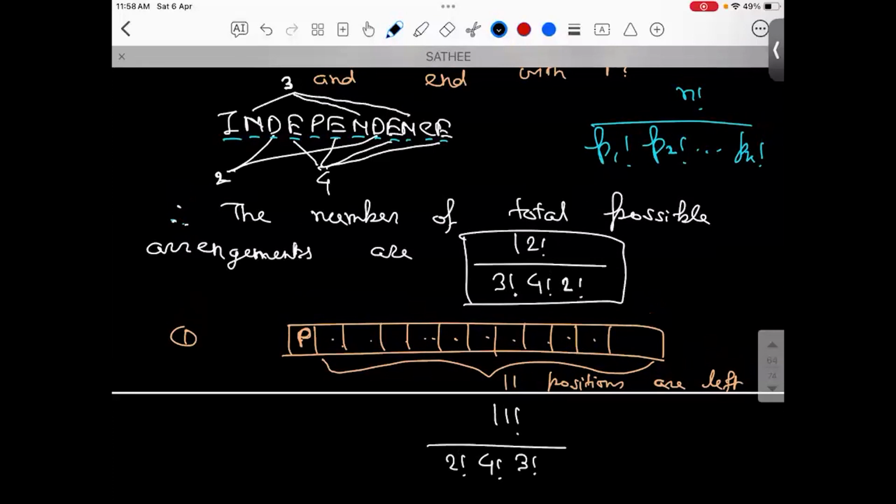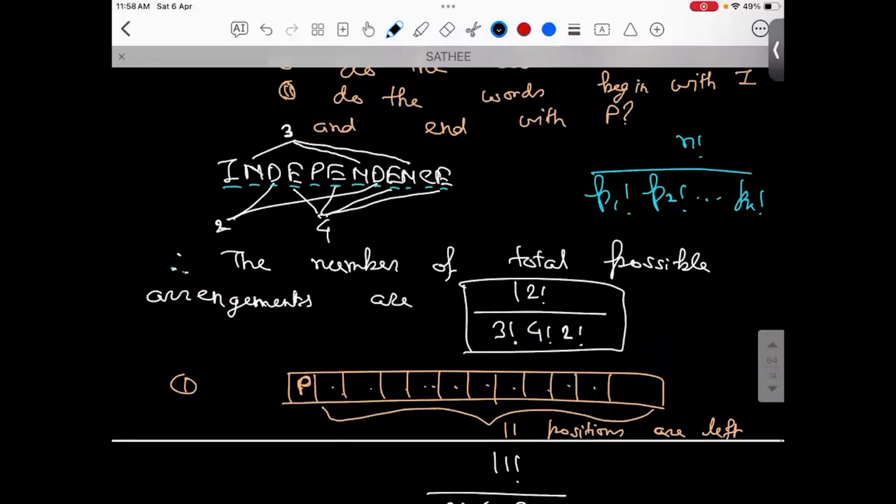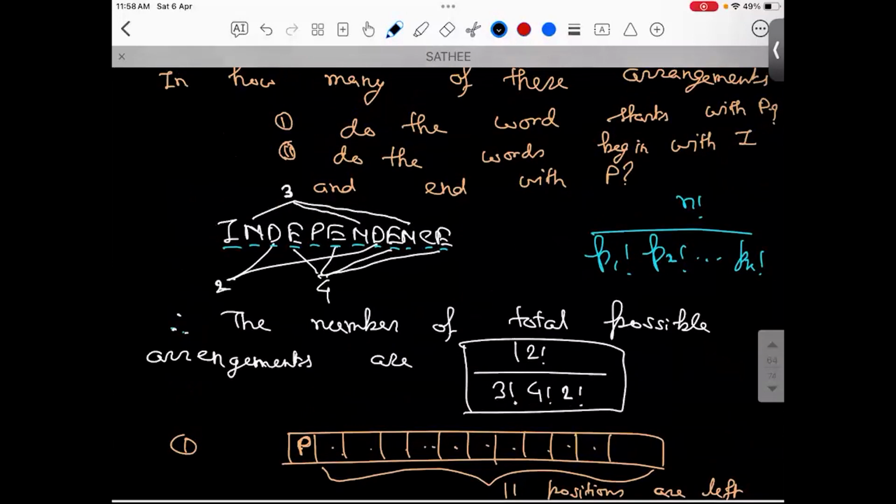But if in case I told that the word starts with D, or suppose the word starts with E, in that case we have fixed one repeated element, so we have to count only the repetition of the remaining elements. Like if I fix the first element as E, then we are left with only 3 E's which can get repeated.